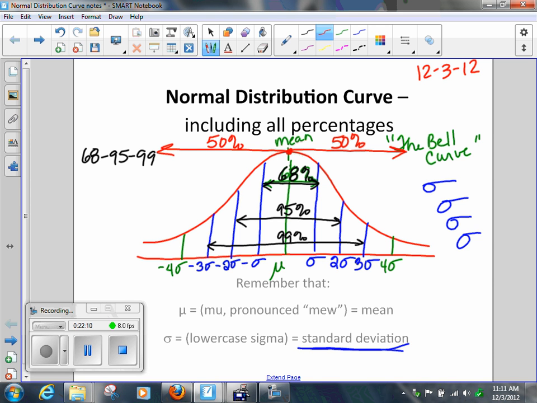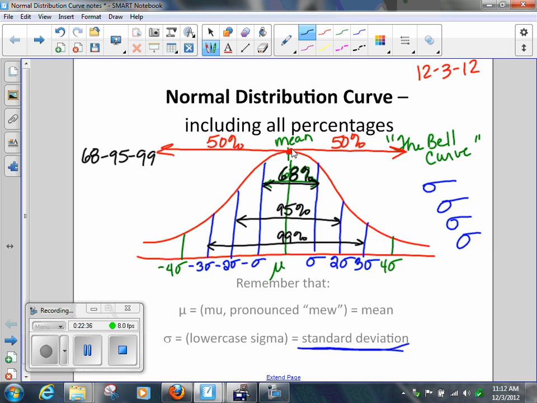All right, we've got to look at one more thing because we've got to bust this down now. We've got this range of data that's 68%. Let me ask you this. How much percentage is represented from the mean to one positive standard deviation? How come you got 34?